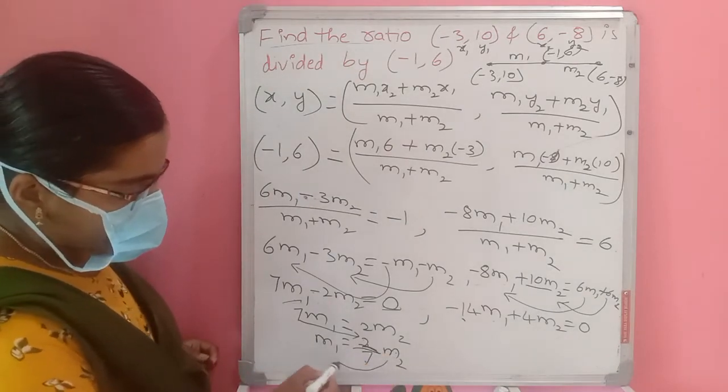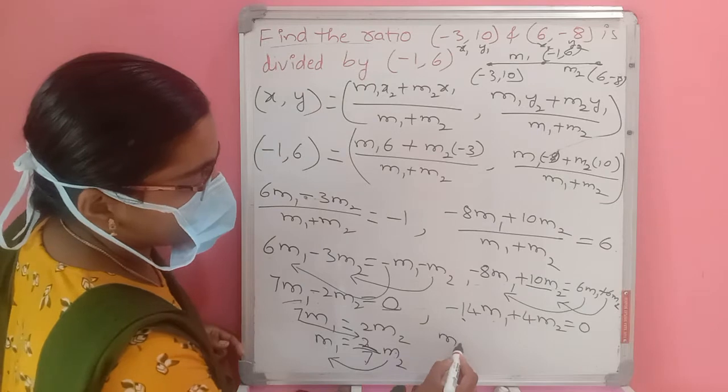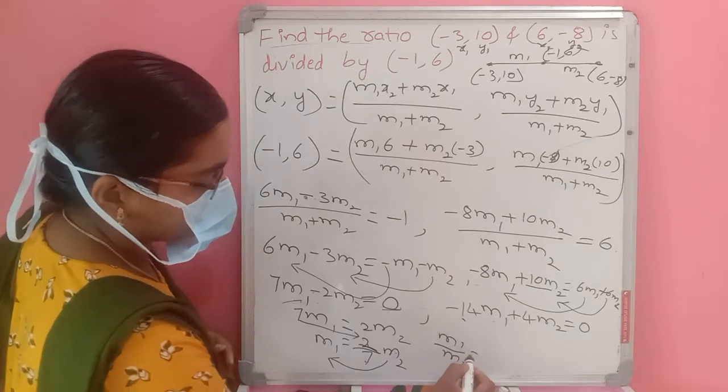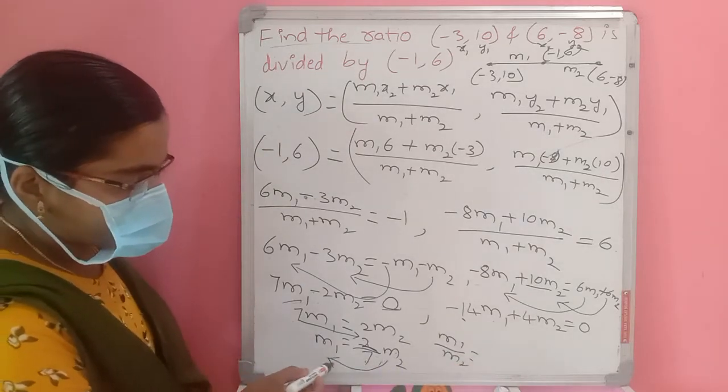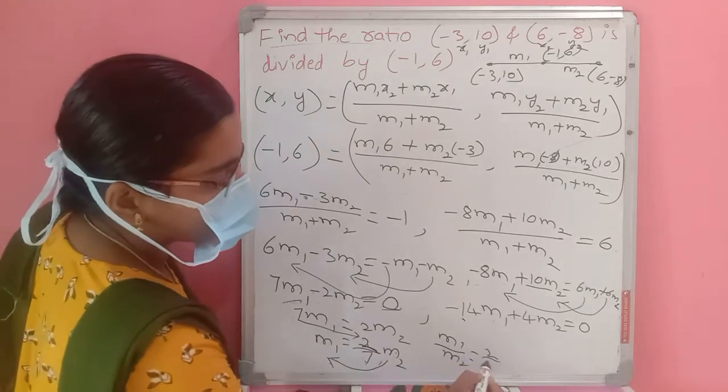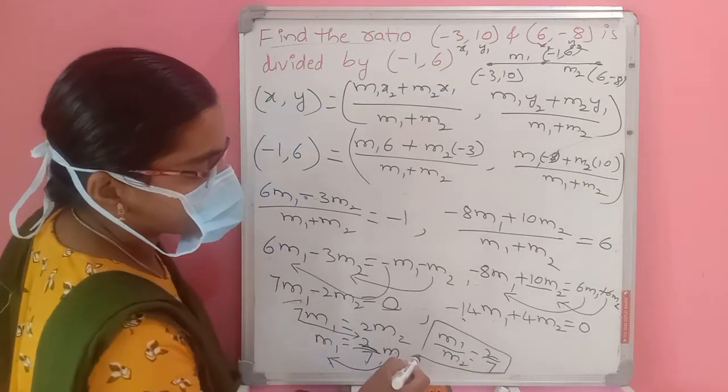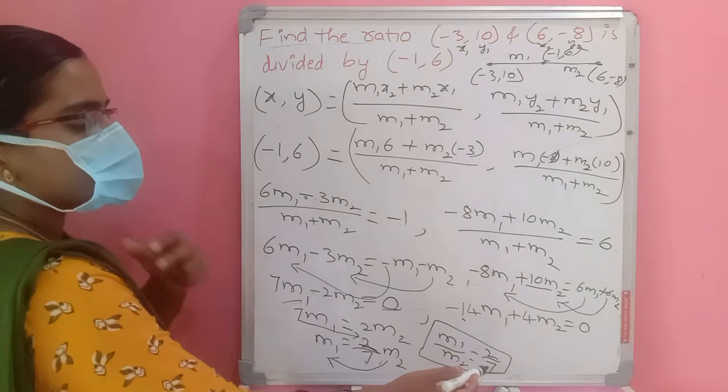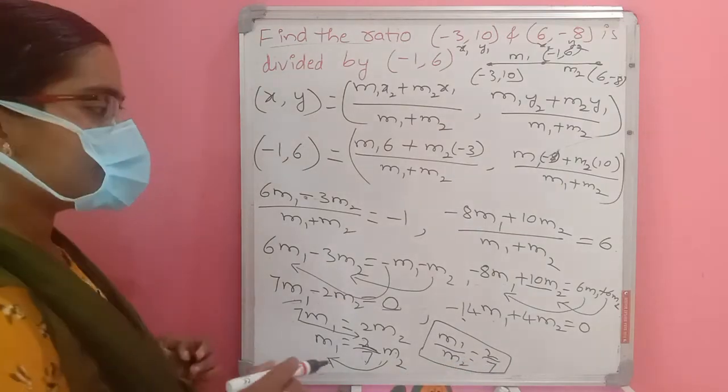Just transpose this m2 this side, so m1 by m2 is equal to 2 by 7. We need a ratio only, so m1 is to m2 is 2 is to 7. Like that simply we will get.